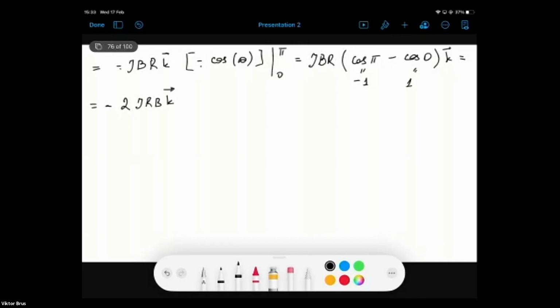So we got for both forces F1 and F2 the same expression. However, the difference is only in the sign. So we can write that the vector sum of two magnetic forces acting on two parts of this loop is equal to 0.